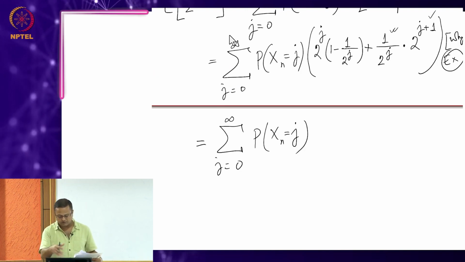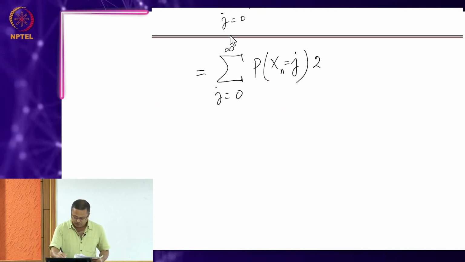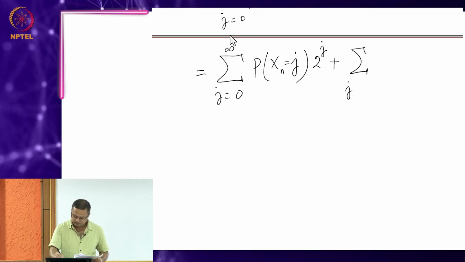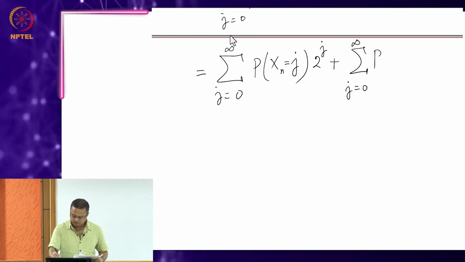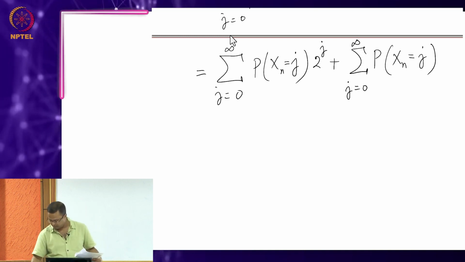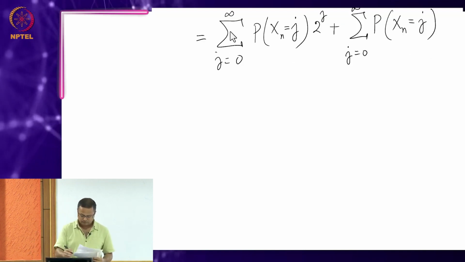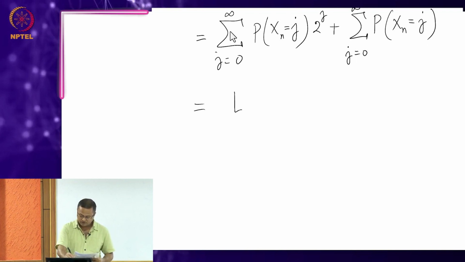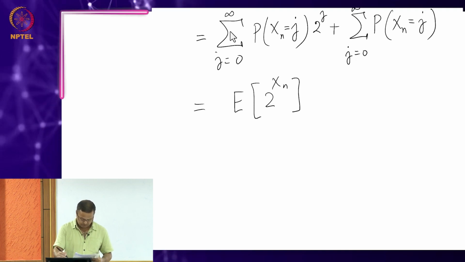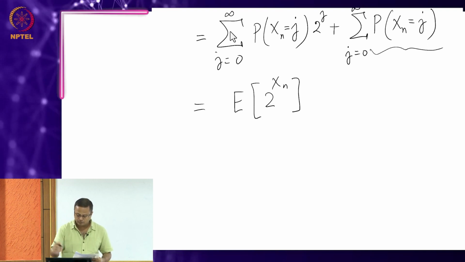Now, this is an expression, just simplify it. If you simplify it, you will get something like this. This is nothing but 2 to the x_n, and this is just the sum of the distribution.